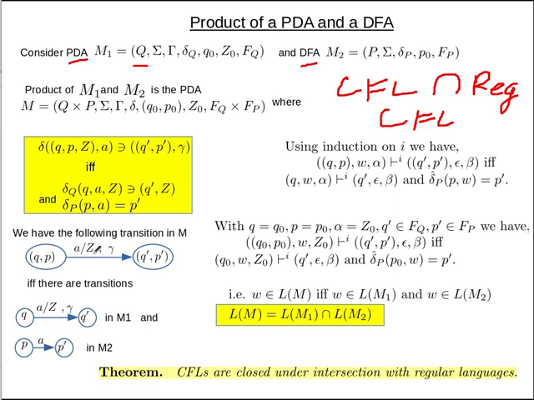And here again the idea is the same. If you have a transition here in M1 on some symbol A, and again you have some transition here on the same input symbol A, these two A's are the same. So we have to somehow simulate both these transitions in one transition in some PDA that we construct here.